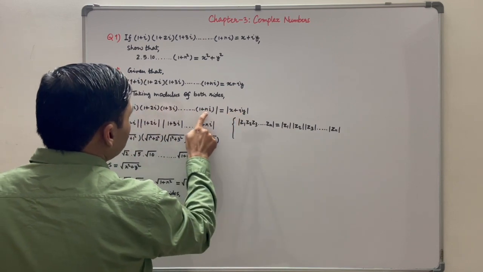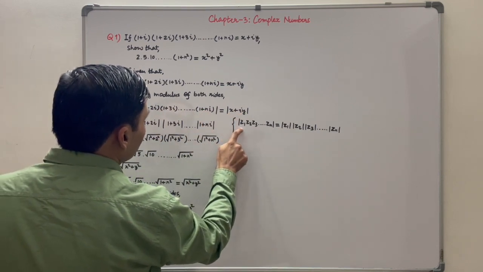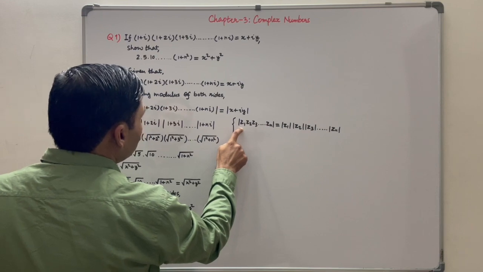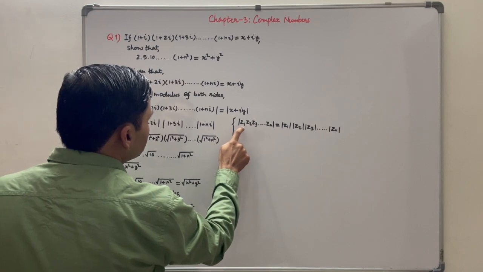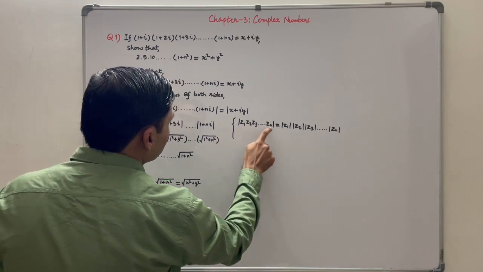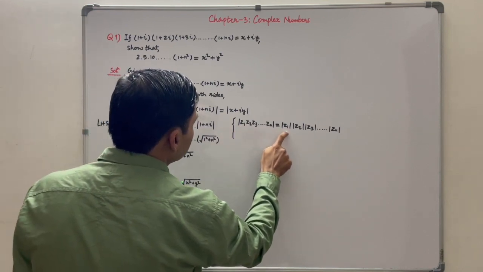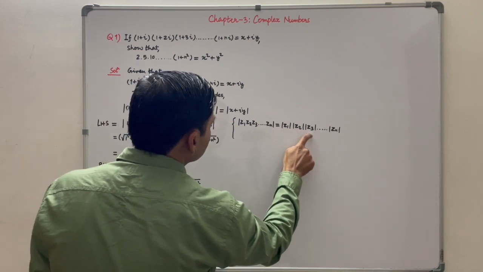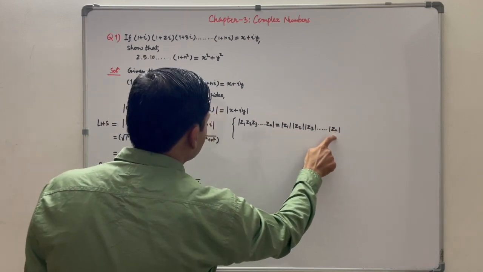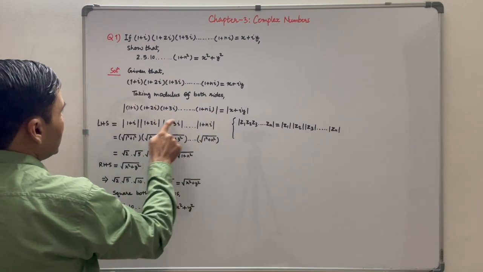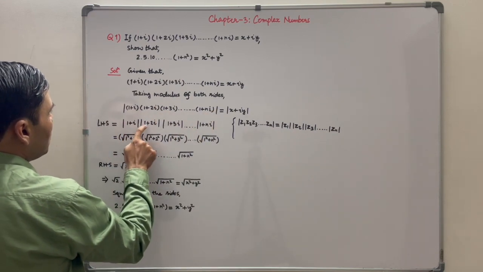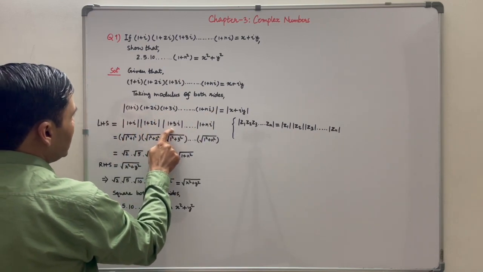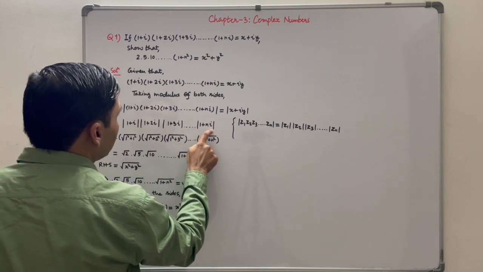For left hand side, we know that mod z1 z2 is equal to mod z1 into mod z2. We can extend that for n terms. So we can write mod z1, z2, z3 and so on up to zn is equal to mod z1 into mod z2 into mod z3 and so on up to mod zn. So LHS can be written as mod (1 plus i) into mod (1 plus 2i) into mod (1 plus 3i) and so on up to mod (1 plus ni).